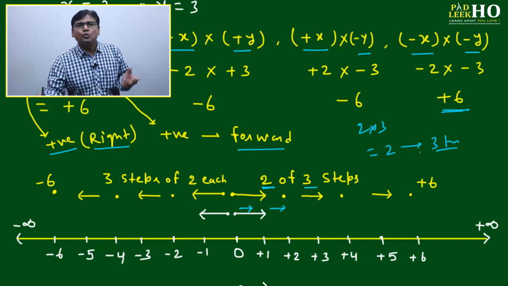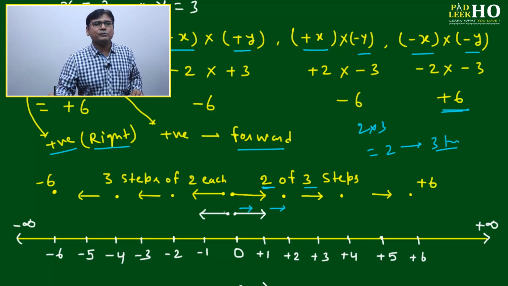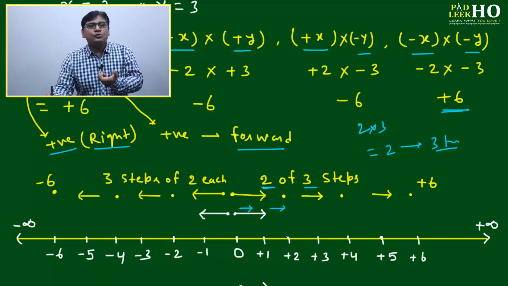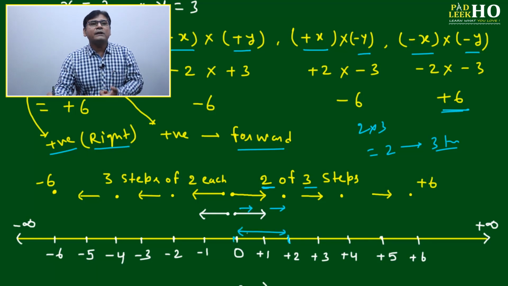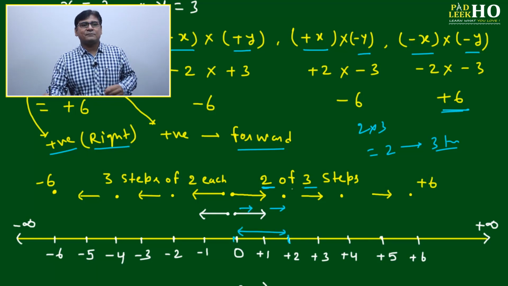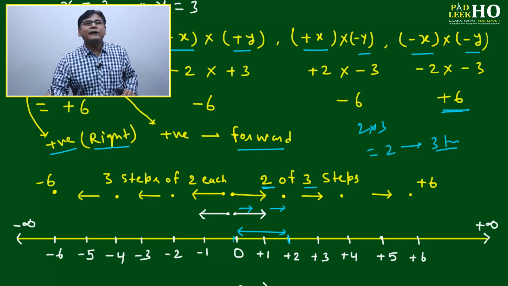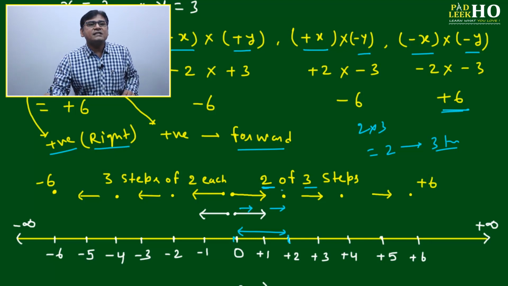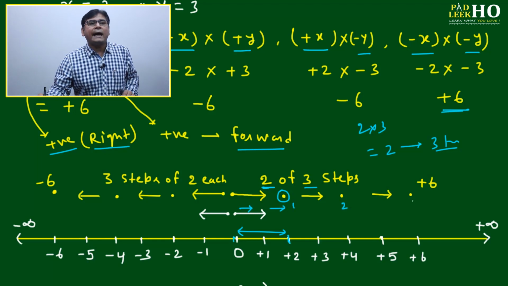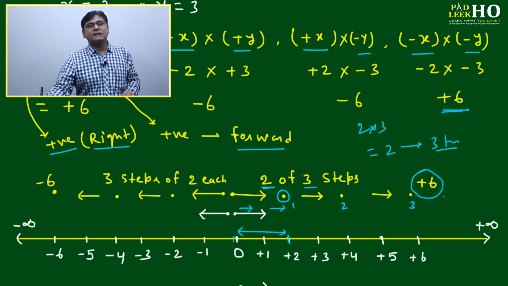Same way, from here you take 2, whatever quantity there is from 0 to 2, and you take this quantity 3 times, meaning 3 steps. Where will you reach? From 0 to 2 is your first step, again 2 to 4 is your second step, and 4 to 6 is your third step. After the third step you reach plus 6.